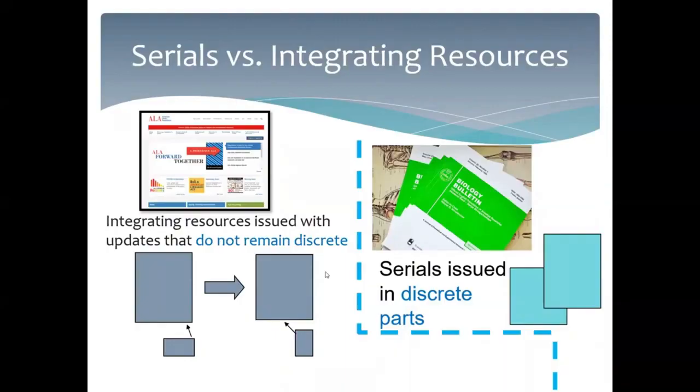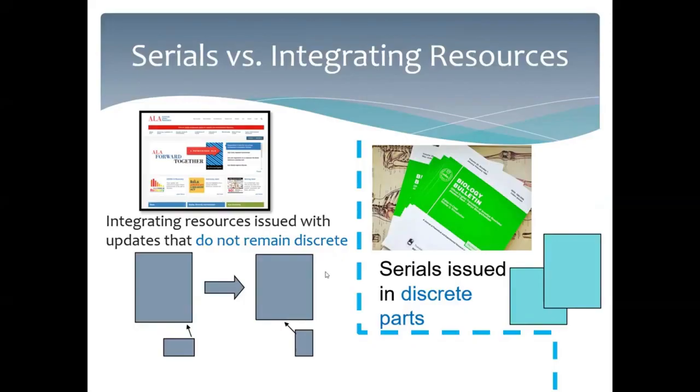We have integrating resources, and these are updates that do not remain discrete. So you get the little update and you're going to put it into that manual, or sometimes it's a book with a pocket in the back, and you're going to stick it in the pocket, or maybe you're going to take out pages and do it that way, but typically you have instructions, not always, telling you what you're going to do with that.